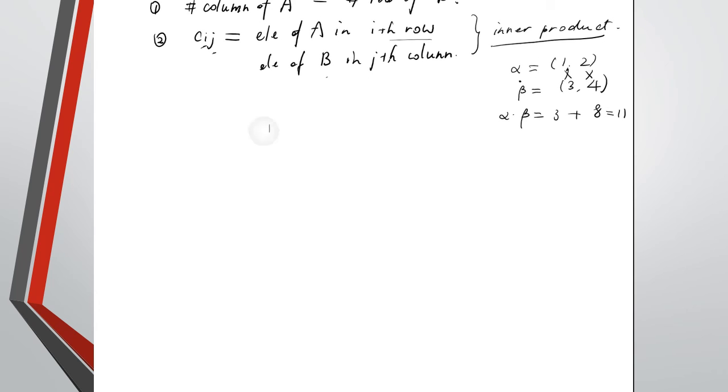So here, we're going to have one example. Okay, so I will write an arbitrary matrix for you, which is a 3 times 4 type of matrix, meaning we have 3 rows and 4 columns.